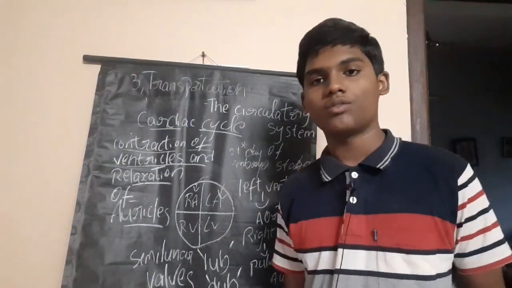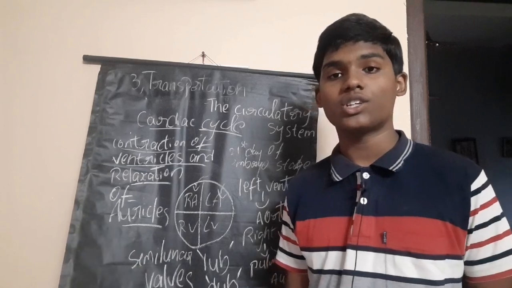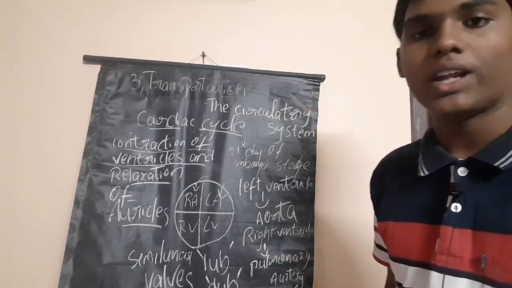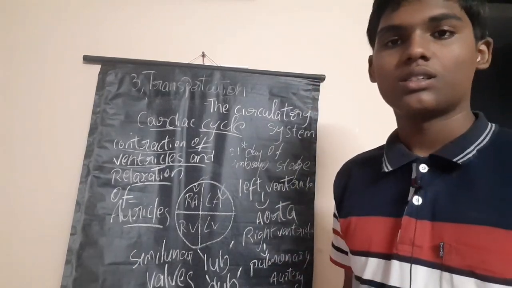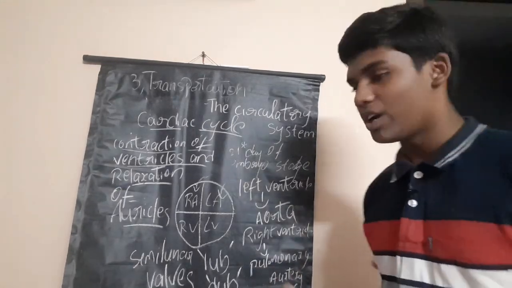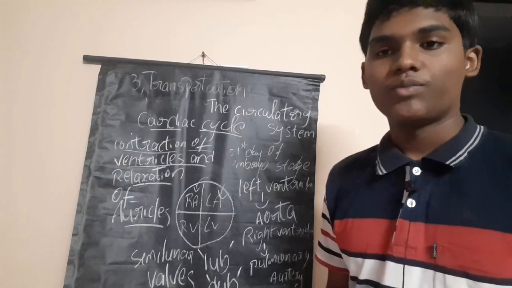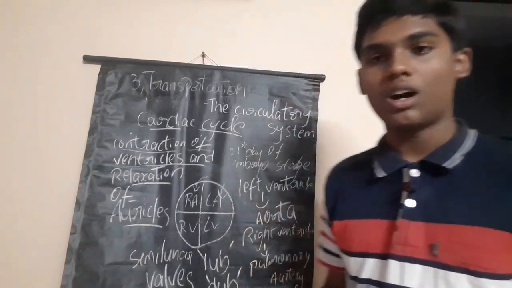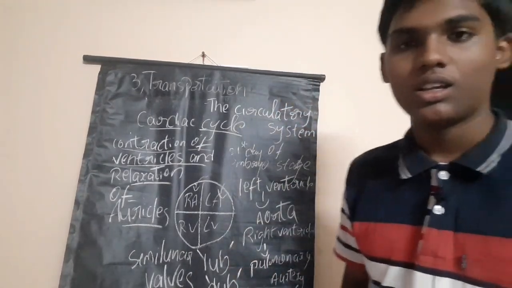And how much time is taken for one ventricular contraction? 0.27 to 0.35 seconds is the time taken for one ventricular contraction. This is about the cardiac cycle and its stages.